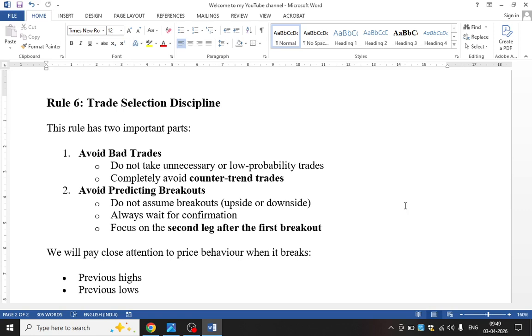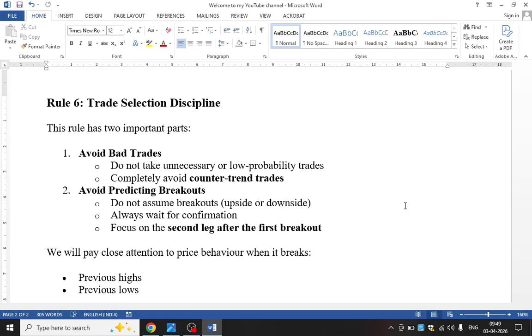Out of 10, 3 to 4 times it is going to break, but the sixth time it will trap you. And in most of the trades in which we get trapped, we will lose a lot of our profit and our energy, and it will definitely break our psychology.